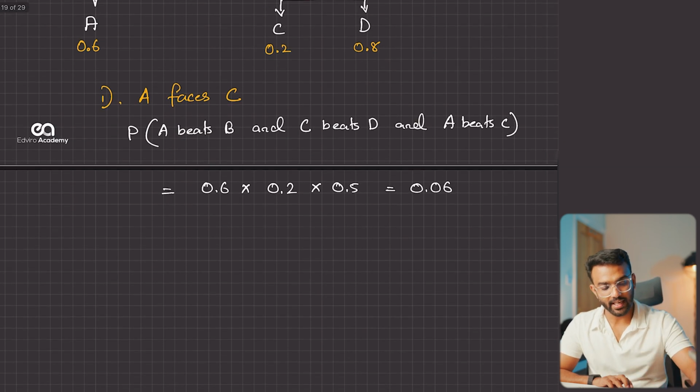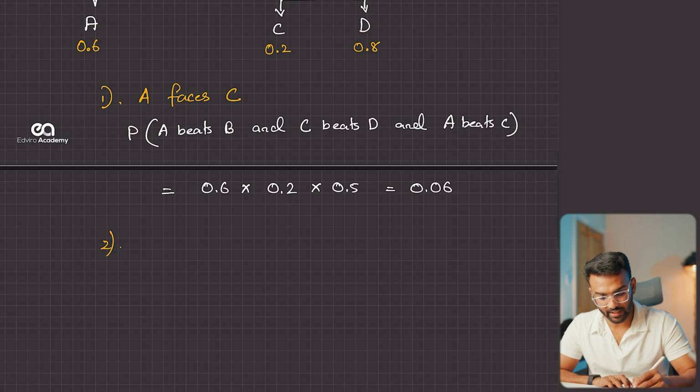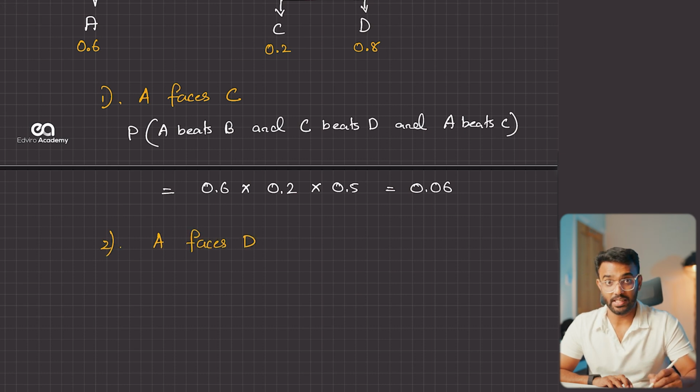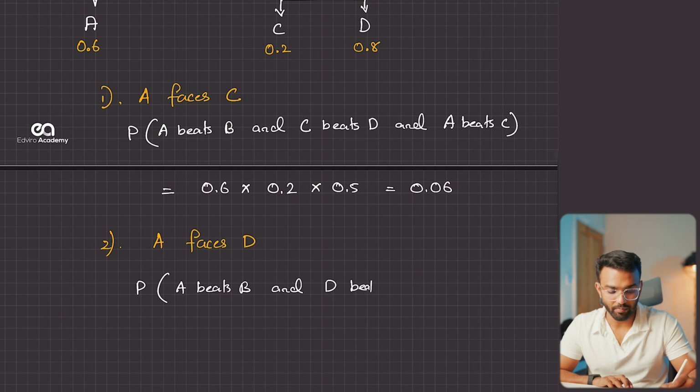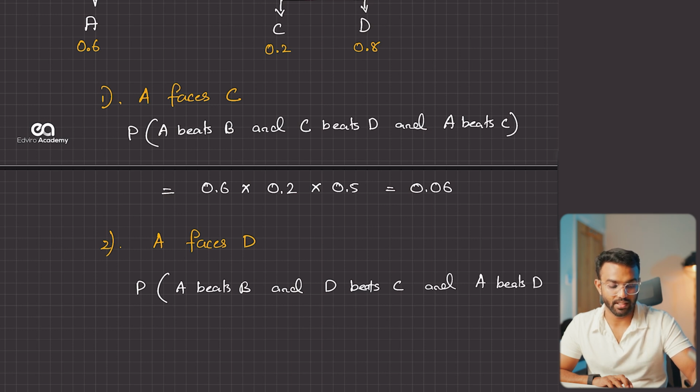Okay, now the second situation is A faces D, right? So how would that happen? The probability of A beats B and D beats C, and then A beats D, correct?